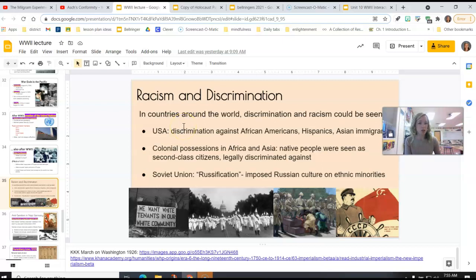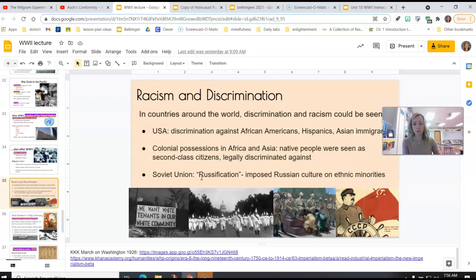We still had discrimination against African Americans with segregation, and against Hispanic Americans and Asian Americans. In other places in the world, Europeans were still in control of colonial possessions in Africa and Asia, treating the native people whose land they had taken as second-class citizens. And the Soviet Union, when they took over ethnic minorities, forced the Russian culture on them.